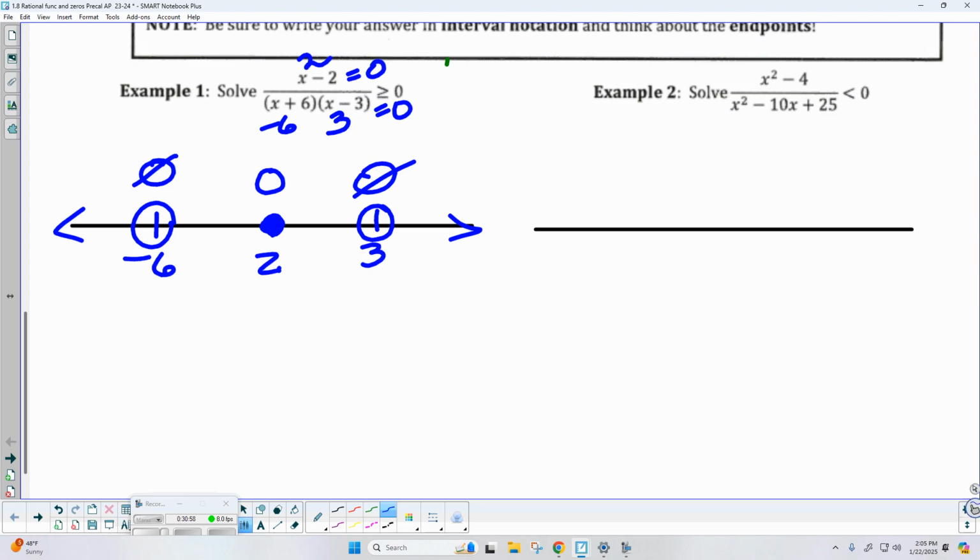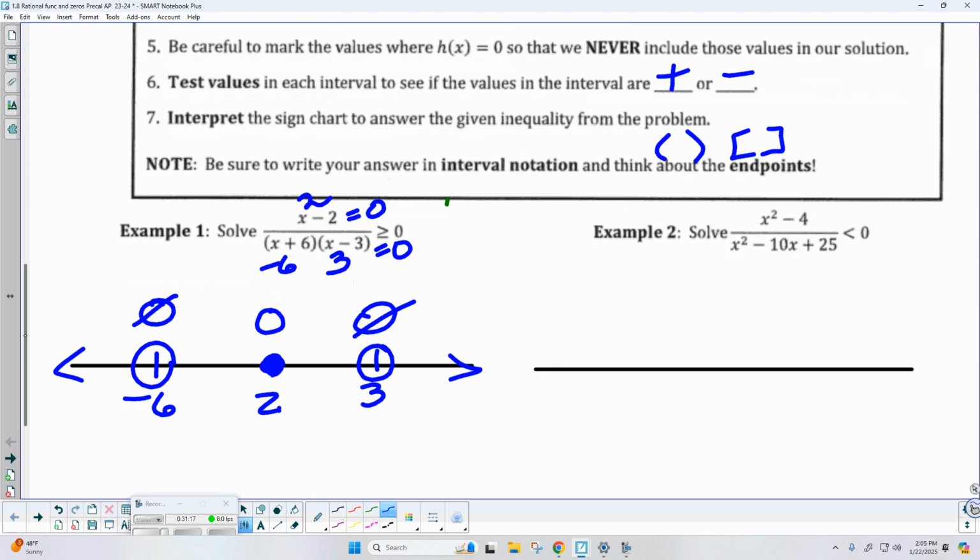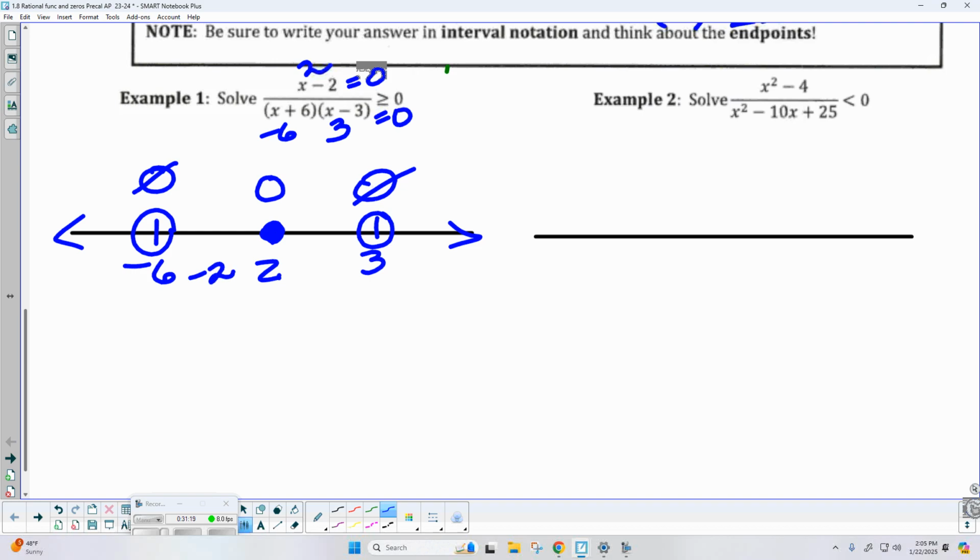Okay. All right. So let's go ahead and figure out where the pluses and the minuses are. How do I do that? What did we do for the previous sign chart? Okay, so Ayla, give me something between -6 and 2. -2, perfect. Okay, let me do this in a different color so it'll stand out. So let's say -2.